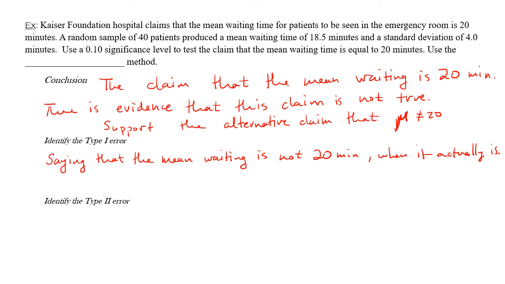Whereas a type 2 error would be saying that the mean waiting time is 20 minutes when it actually is not.